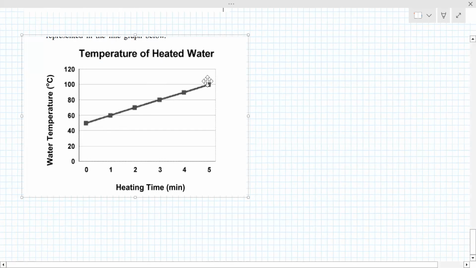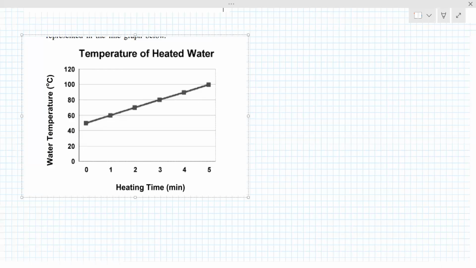So does that look consistent with what you understand, that if you take longer to heat something, it should get hotter? Yeah. If you put a pot of water on the stove and then you wait a minute, 2 minutes, 3 minutes, 4 minutes, 5 minutes, it should eventually get a lot hotter.